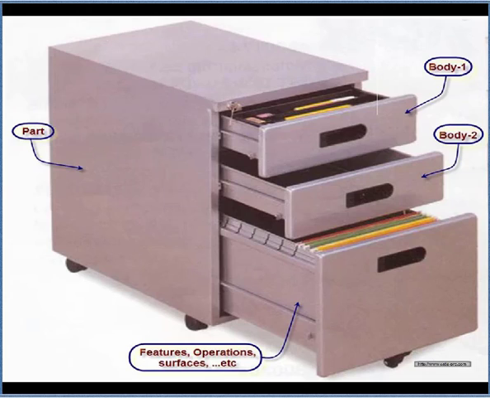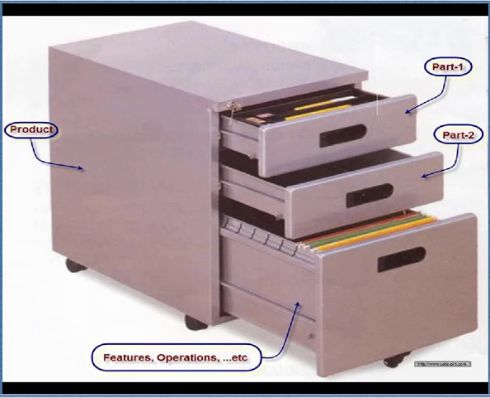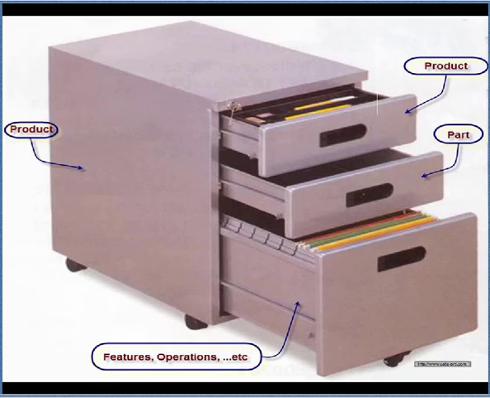Also, we have parts, which could contain one or more bodies. From the other side, one or more parts could be located inside one product. Then let's have a general look at these types of directories.